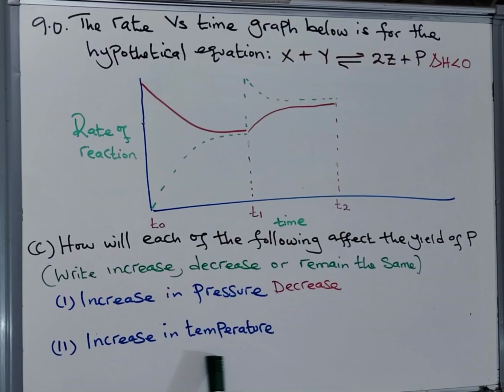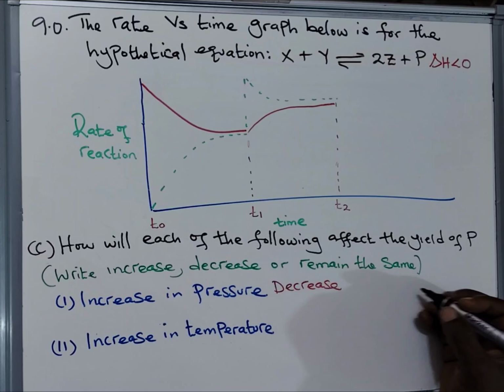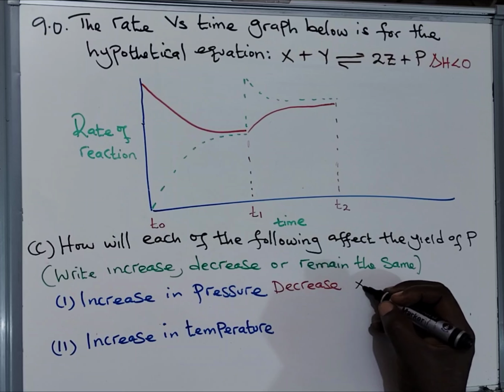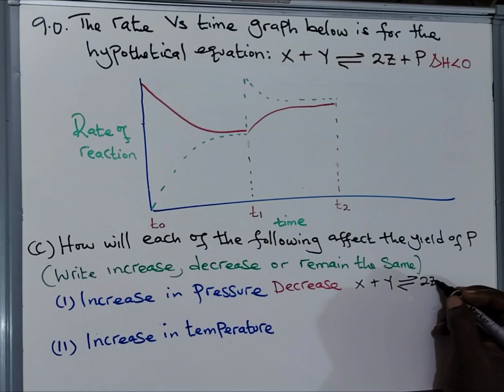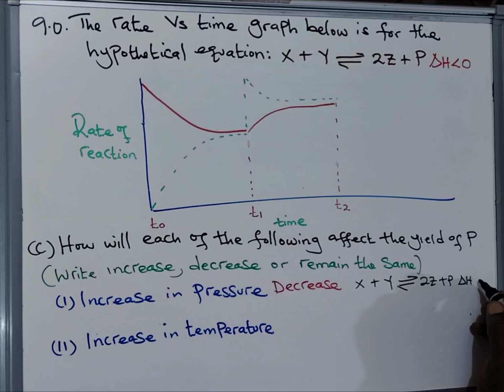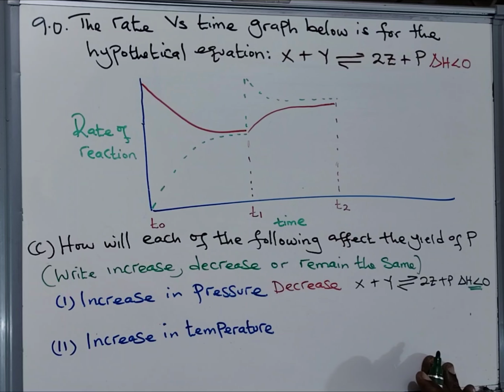Next one is increase in temperature. How do you go about that? The best approach is to have the equilibrium, which is x plus y giving you 2z plus p. Remember, we found enthalpy change as less than 0, and that enthalpy change is for the forward.